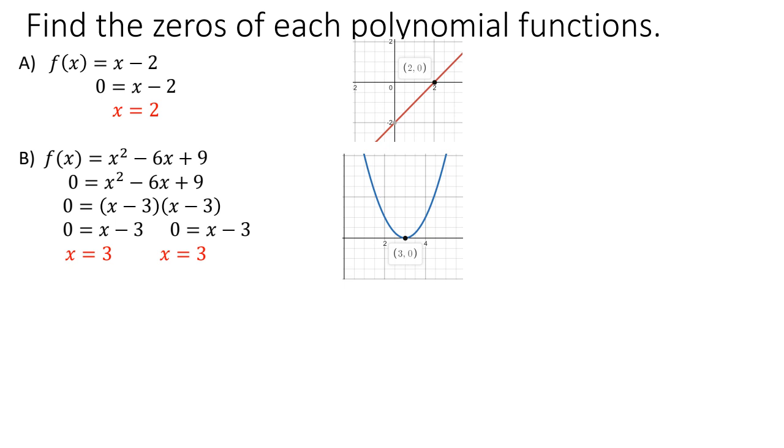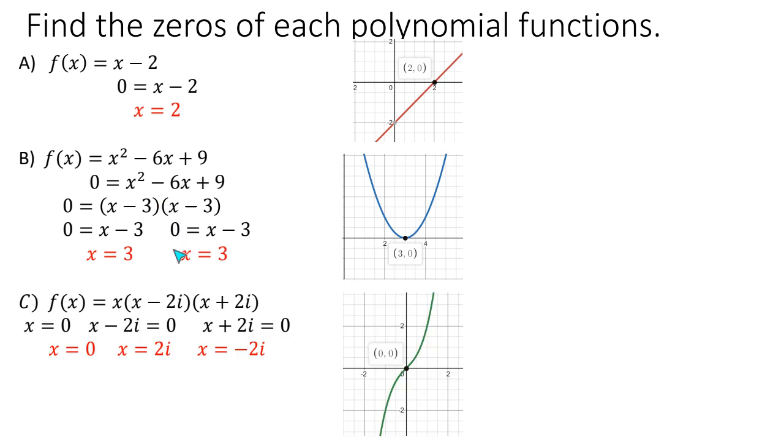Now if we keep going, we're going to look at a different polynomial here. If I multiply my x's here, I would have x times x is x squared, times another x would give me x cubed. So the degree would be 3. That means that I should have 3 zeros. If I solve for x here and set each factor equal to 0, then I get x is 0, x is equal to 2i, and x is equal to negative 2i.